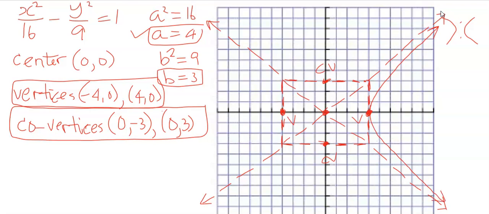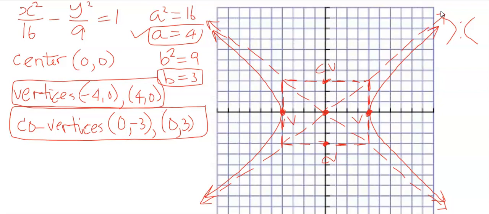Again, I'm showing it getting closer and closer to that dashed line, that asymptote. And over on the left side, I do the same thing. There's one side, something like that. And the other side is something like that. Now, wasn't that easy? It is. Really, as soon as you know where your vertices and your co-vertices are located, you can draw that hyperbola. Now, I'm still missing something, though.